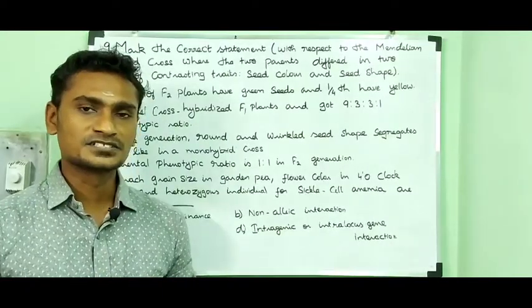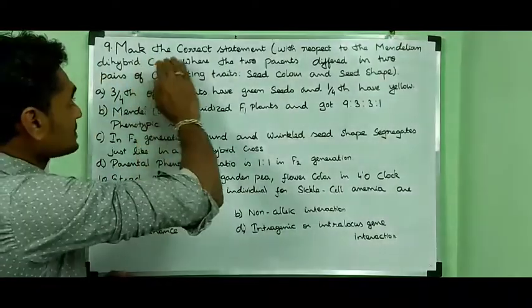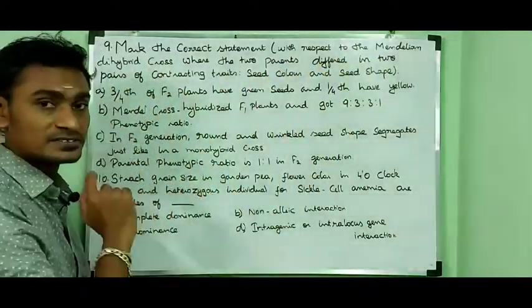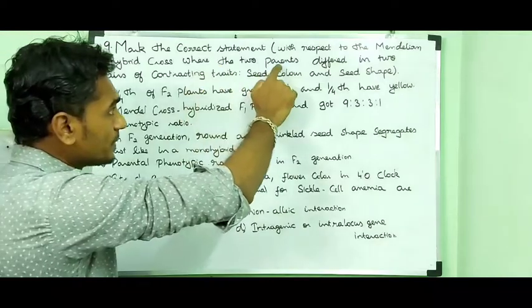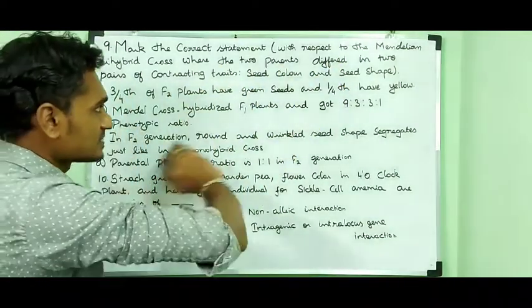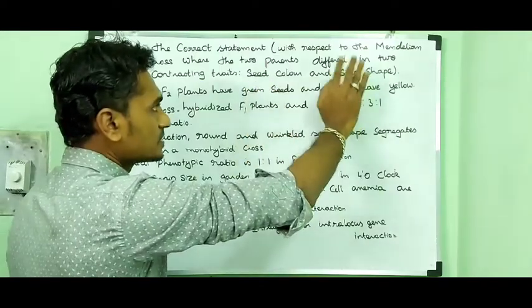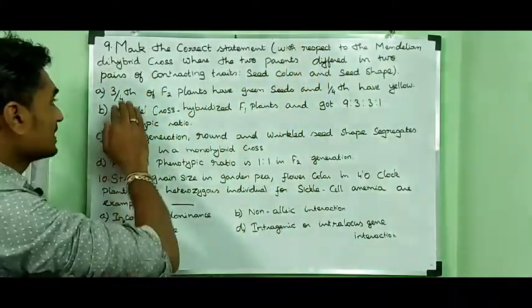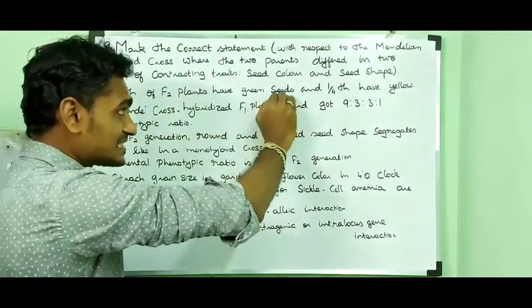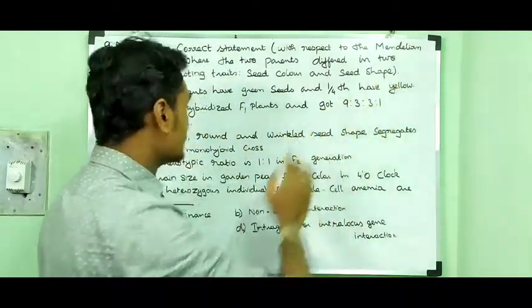The 9th question. Mark the correct statement with respect to a Mendelian dihybrid cross where two parents differ in two pairs of contrasting traits, that is seed color and seed shape. Option A: 3/4 of F2 plants have green seeds and 1/4 have yellow seeds.